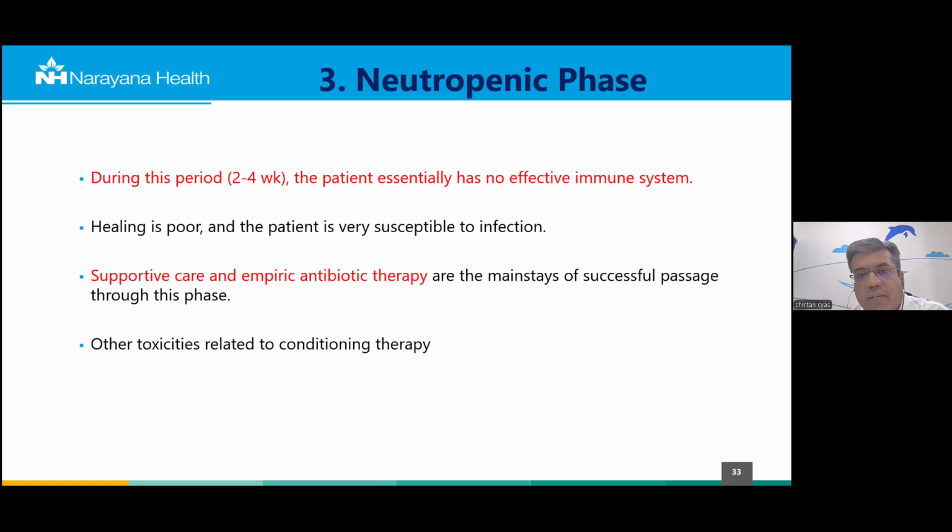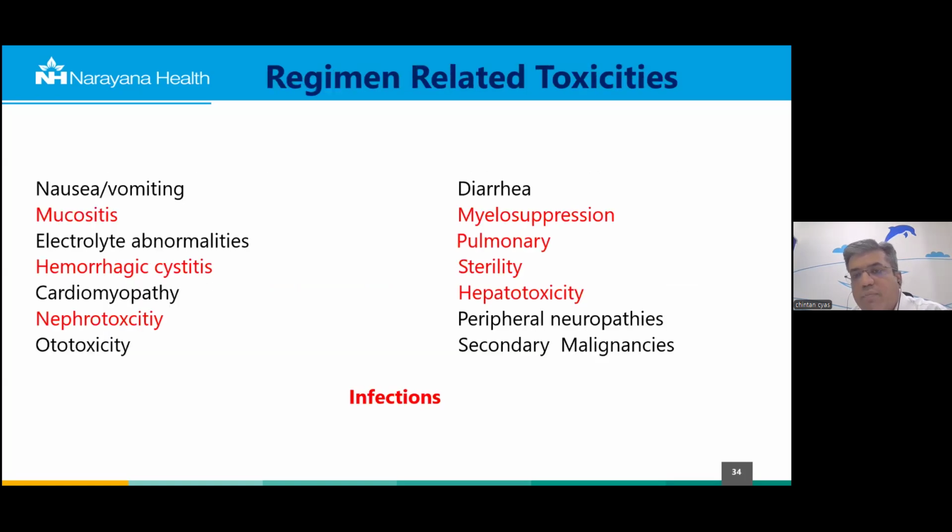So this is the time where you need to make sure that your antimicrobial and antiseptic precautions are well in place, because you cannot afford the child to have a severe infection when they do not have immunity. This is a period when you need to be extremely careful about how you are dealing with the patients and how you are making your antiseptic policies.